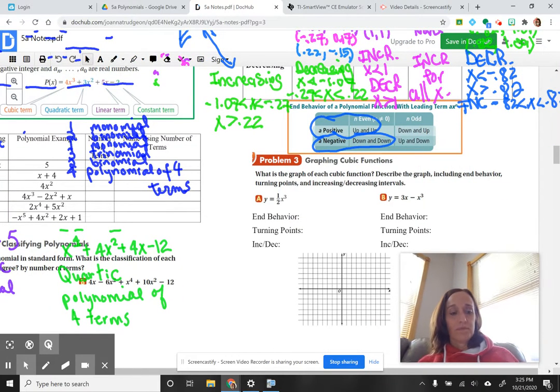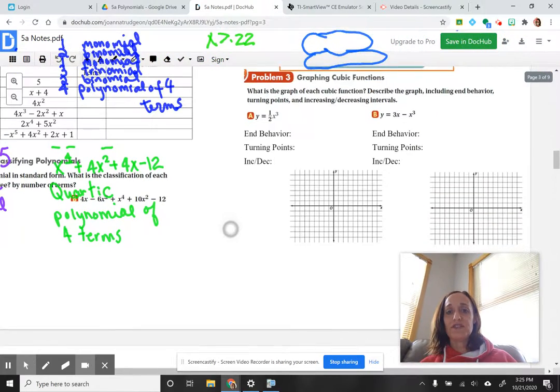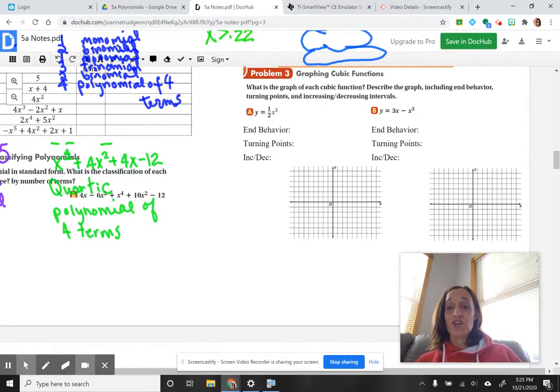All right, problem 3, graphing cubic functions. It says, what is the graph of each cubic function? Describe the graph, including end behavior, turning points, and increasing and decreasing intervals. When we're supposed to graph this, we don't have to get super careful about the points. It's really about knowing some basic things about it.